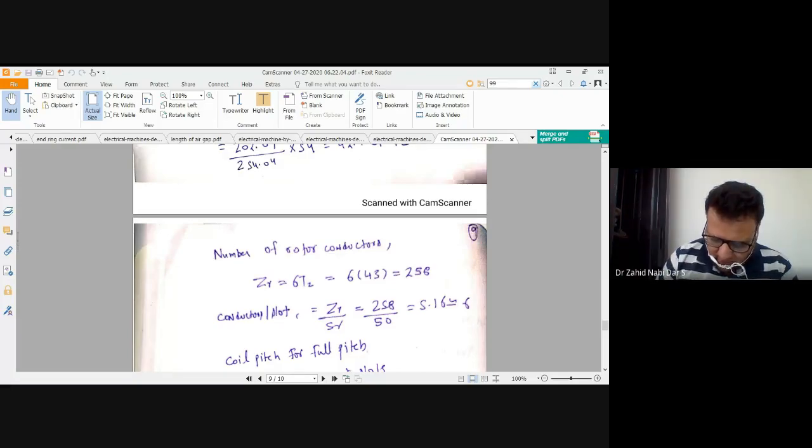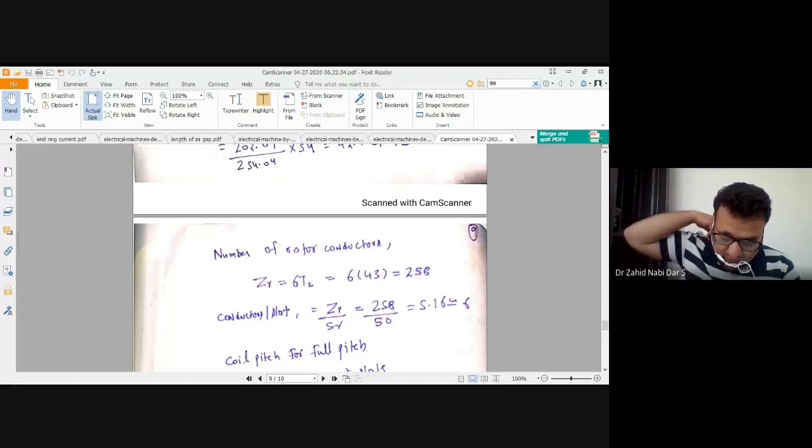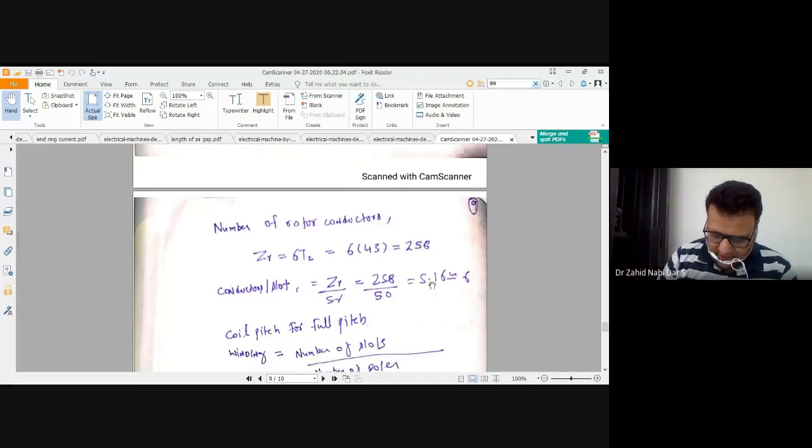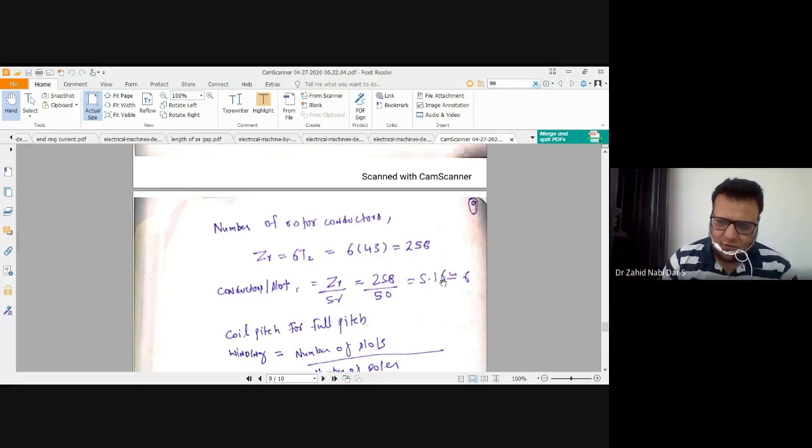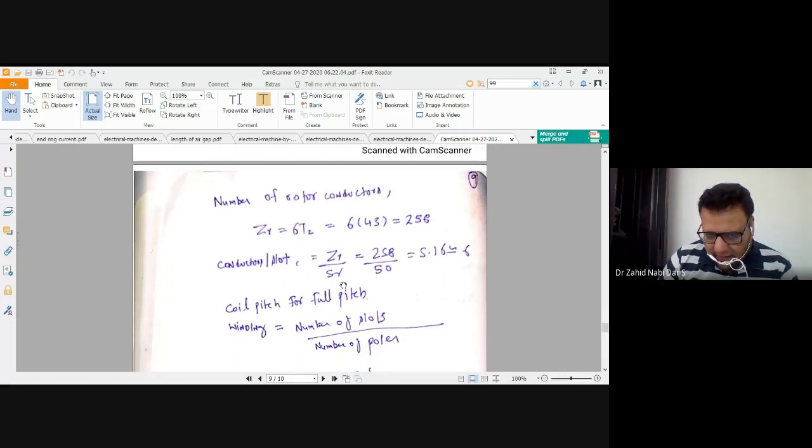Or if you do 258 divided by 50, it comes to around 5.16. Conductors per slot cannot be a fraction, so it is better to take the next integer value, that is 6. Earlier, for explaining purposes, I said 50 if we take it. Here we can take it as 48.